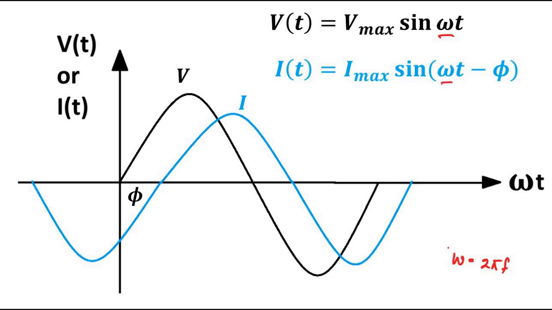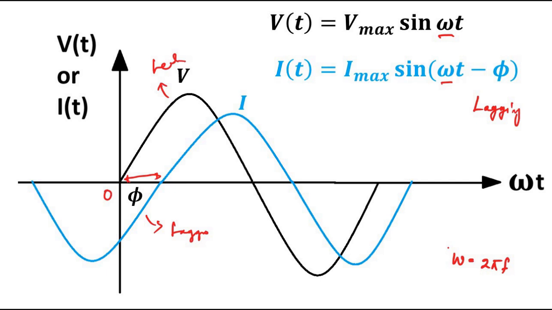Here it is omega t, here it is omega t minus phi. It means omega t minus phi will be lagging. Its 0 point will be slightly to the right of the origin by an amount phi. So I is lagging, and V is leading.